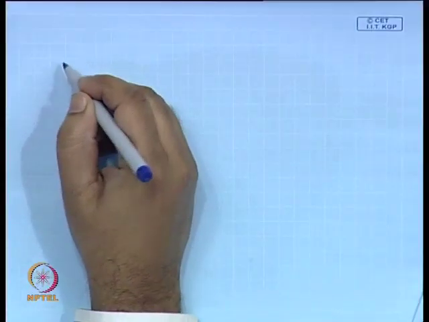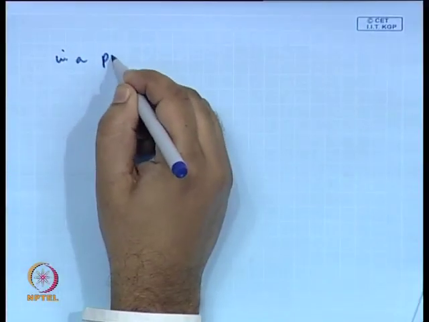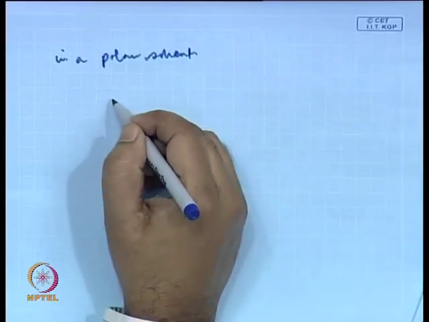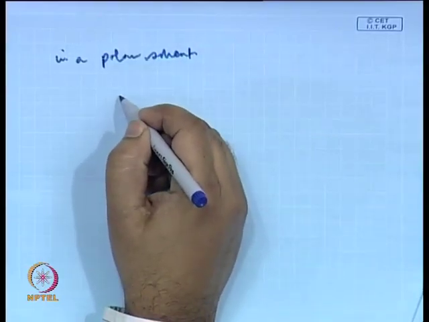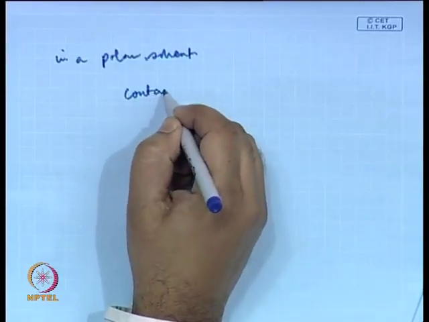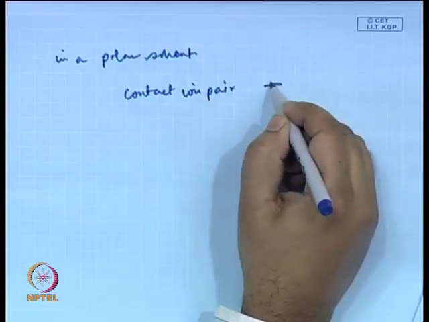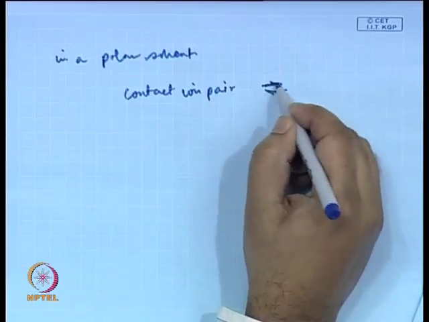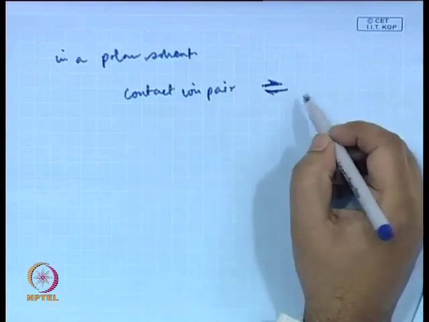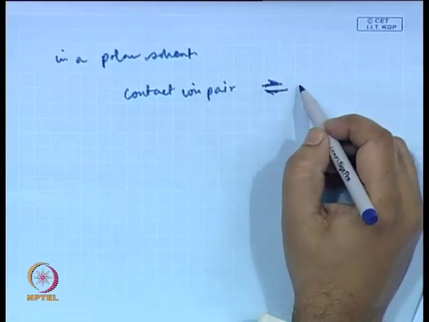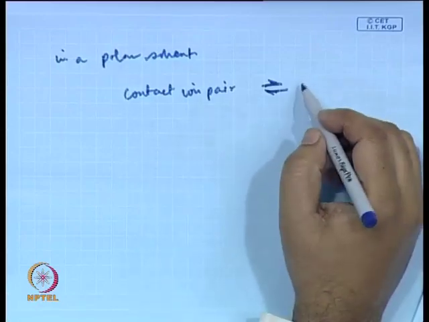So, if you compare, let me write these down. In a polar solvent, you have a contact ion pair, and as I said, all these ion pair aggregations are in equilibrium. There is always a very fast equilibrium between these two.